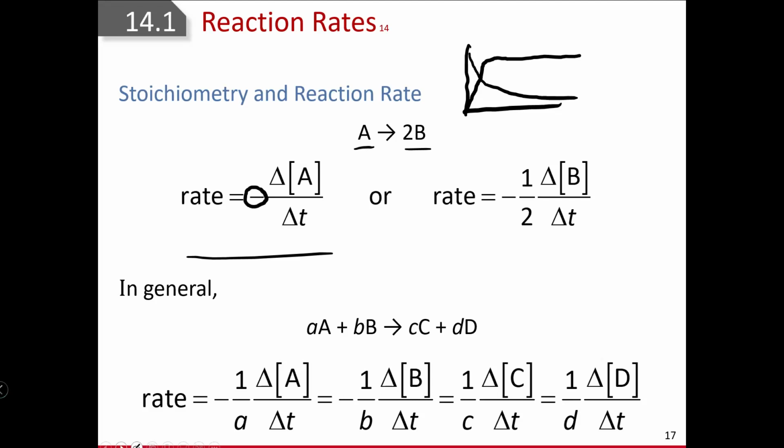If I set these equal to each other, you're going to have the change in concentration of A over the change in time equals one half the change in concentration of B over time. So, if this is happening twice as fast, then if I multiply 1/2 times 2, that gives me 1, and that's what we have here.